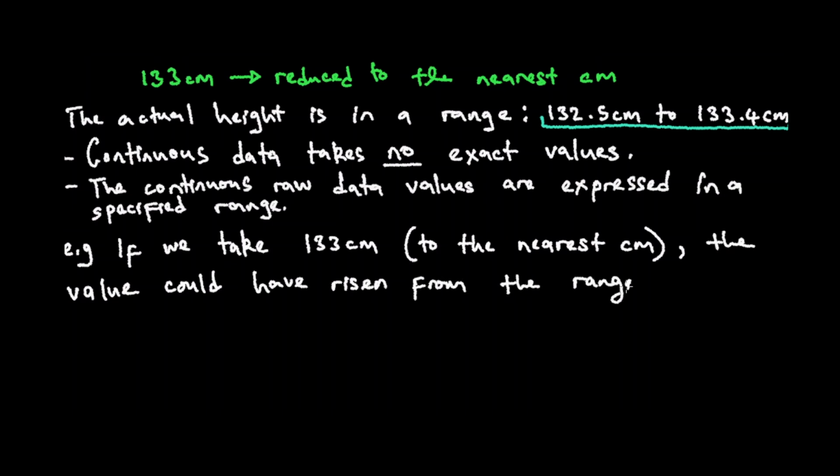The way we write the range is: 132.5 centimeters is less than or equal to h, where we represent height with the letter h, but h is also less than 133.5 centimeters. The reason why 133.4 is not necessarily accurate is, what if we have 133 point, let us say 0.45 or 0.43, for example.